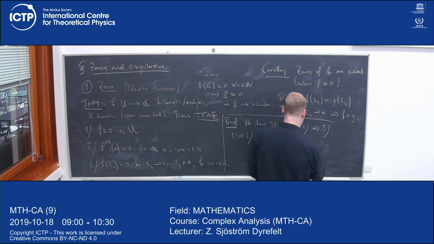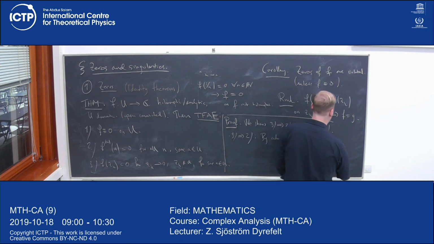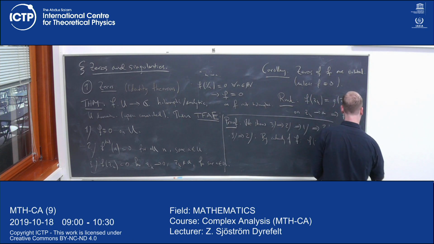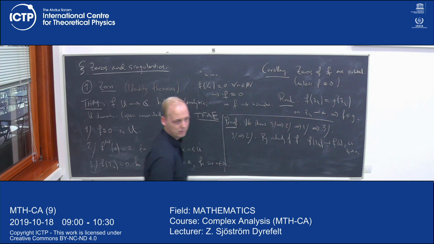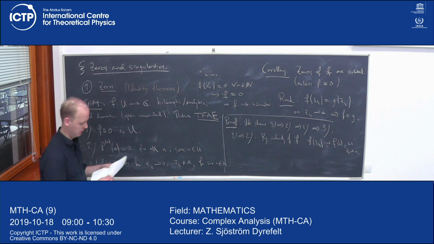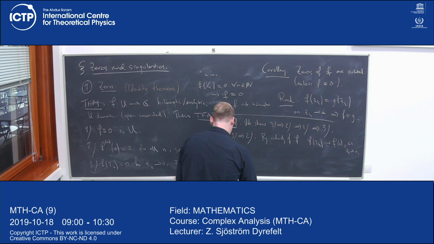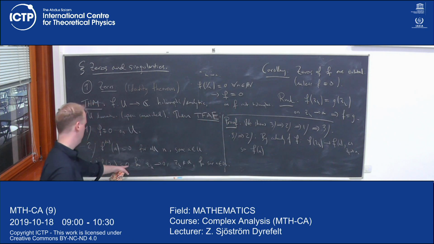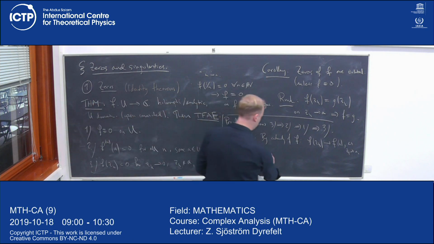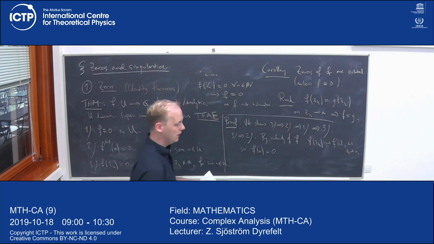By continuity of f, not only does zk tend to a, but f of zk tends to f of a, because zk goes to a and f is holomorphic, so in particular continuous. Since f of zk is equal to 0 everywhere, f of a is equal to 0. So this is the first part.